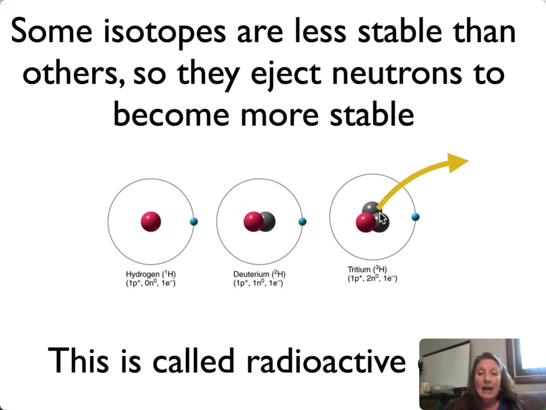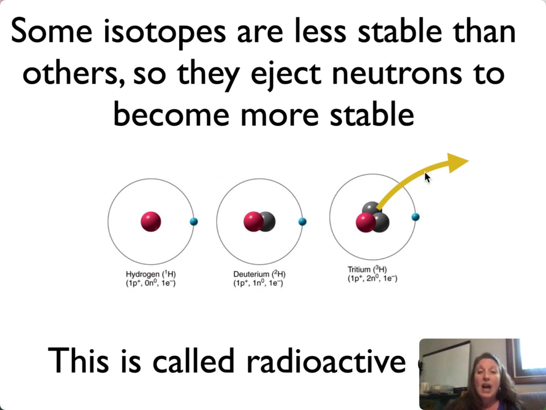And when an atom or an isotope is not perfectly stable, it tries to become stable. In this case, tritium would try to become more stable by getting rid of one of its neutrons. Deuterium would try to become more stable by getting rid of its one neutron. So both of these are trying to get back to the more stable form of the isotope.